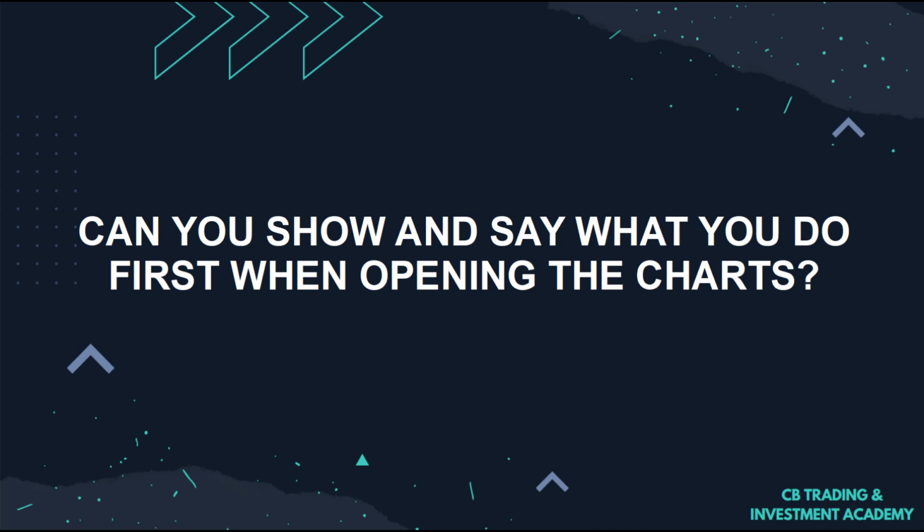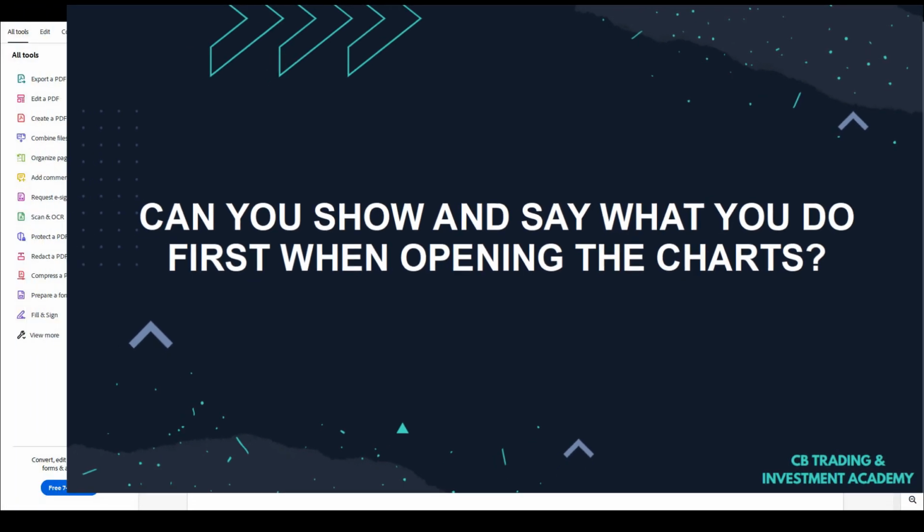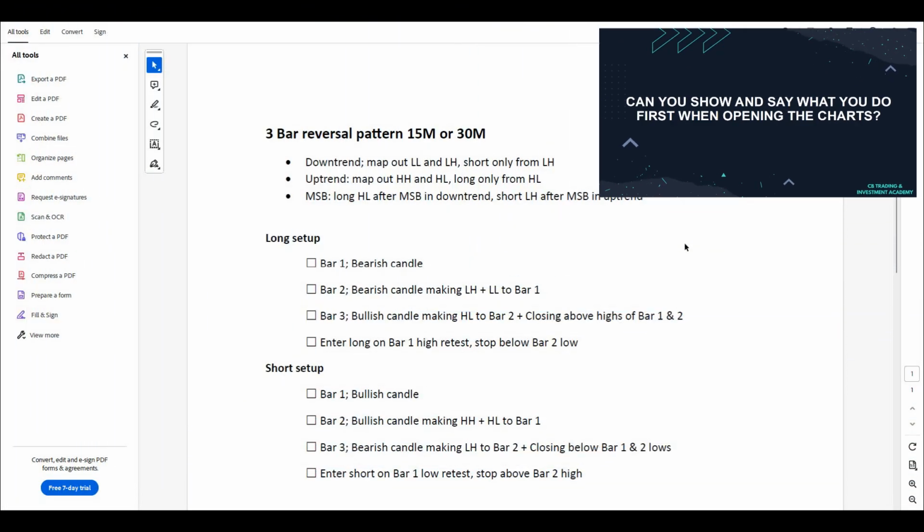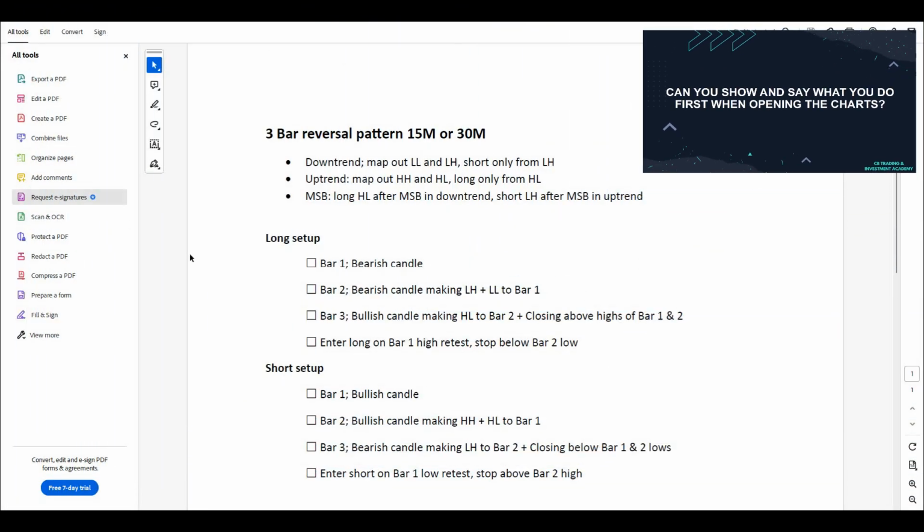So this is a set of rules I use for the 3-bar reversal pattern setup for the 180 trade challenge. So mapping out lower lows and lower highs on downtrends, or mapping out the uptrend, we should short only from a lower high, and we should long only from a higher low, except when there's a market structure break.